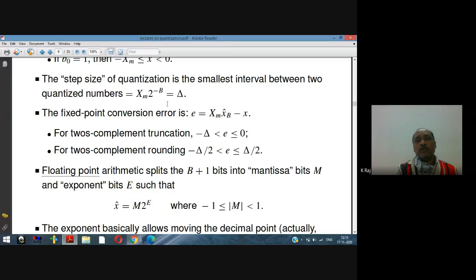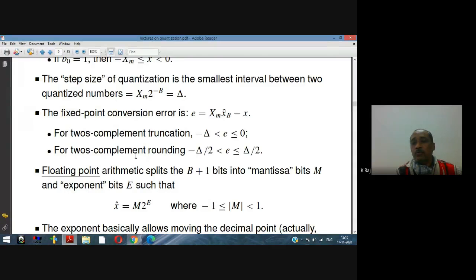And in fixed point conversion, we are interested in calculating the fixed point conversion error. Since we are using a fixed number of bits, the error will become x_m multiplied by x_b, that is the modified value of x, minus the original value of x. This will be the conversion error. For 2's complement, the conversion error range will be from minus the step size to 0 here.